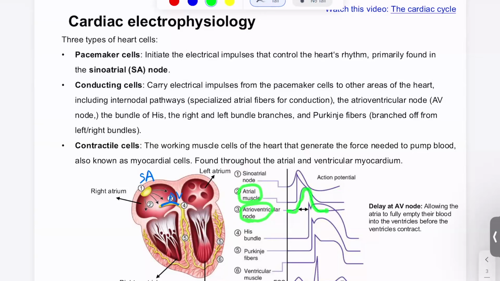We see that it takes a really long time for the impulses to travel past the AV node and arrive at the His bundle. This is a long delay we need to make sure blood is pushed from atria to ventricles. Then they arrive at His bundle, Purkinje fibers, and ultimately at ventricular muscle.